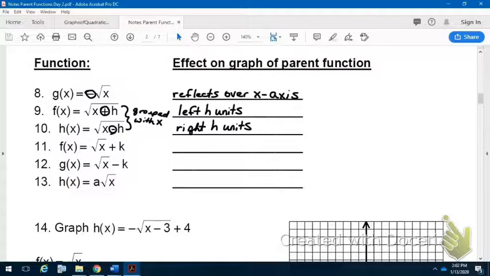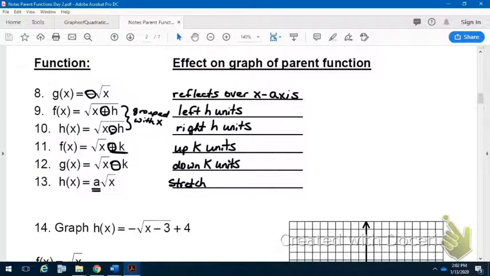Okay. Again, this is out here by itself. You see that the top of that square root symbol doesn't carry on over, and so this is outside the square root symbol. That makes it go up k units. And the other one is down k units. Okay, that minus. This a in front is going to be a stretch or a compression.